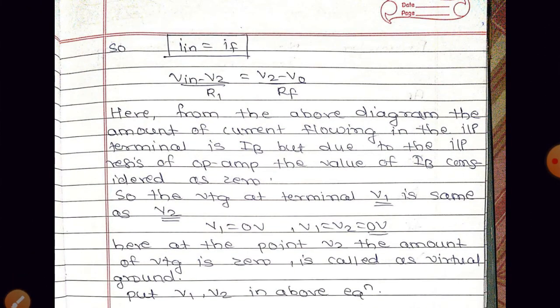So here, from the above diagram, the current flowing into the input terminal is IB, but due to the input resistance of the op amp, the value of IB is considered as 0. So the voltage at terminal V1 is the same as V2.